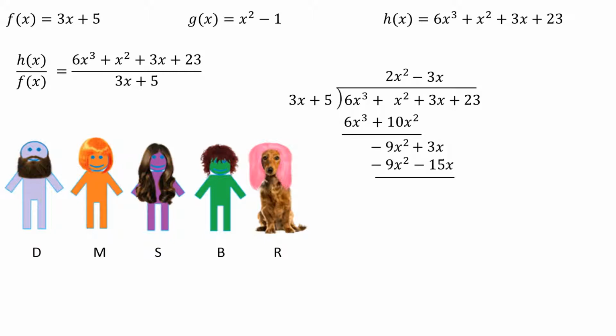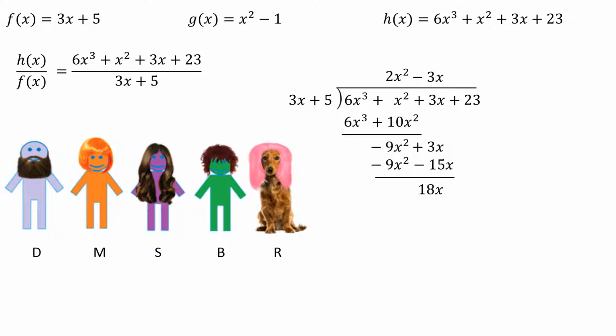Now, when it comes time to subtract, this is where I've got to be careful. Negative 9x squared subtract negative 9x squared is 0. But 3x subtract a negative 15x becomes 18x, right? 3 subtract negative 15 is positive 18.